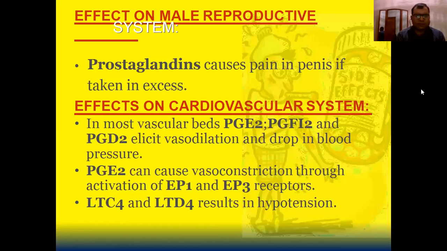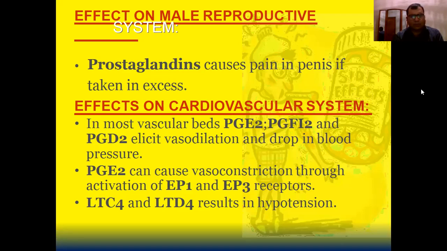In the male reproductive system, prostaglandin causes pain if taken in excess. Effect on cardiovascular system: in most vascular beds, prostaglandin A2, prostaglandin F1, I2, and E2 elicit vasodilation and a drop in blood pressure. Prostaglandin E2 can cause vasoconstriction through activation of EP1 and EP3 receptors.